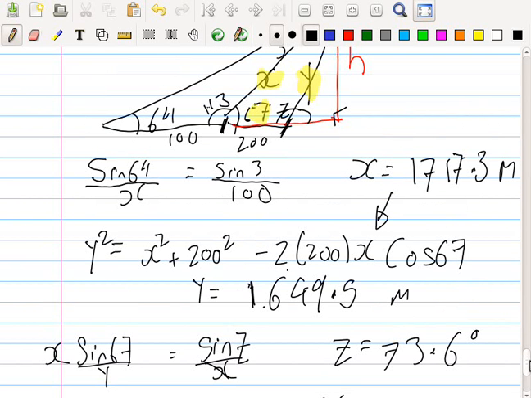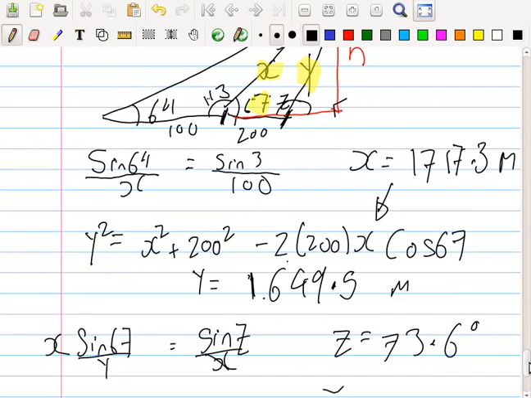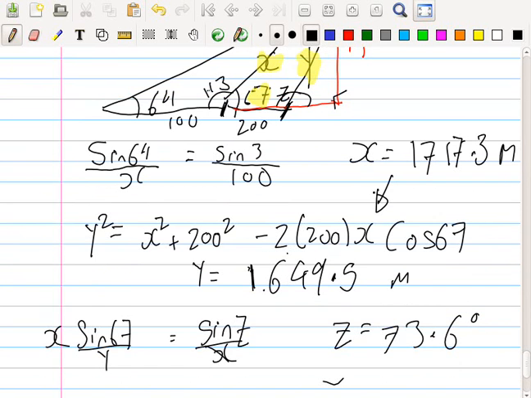So then what's this angle here? Well, that would be 90 minus that. Oh, sorry, 180 minus that. Wait, what? Are you sure these are right, Eric? Let me double check. Yes, there is something wrong. Now look, z is 73, but I know that that's wrong.